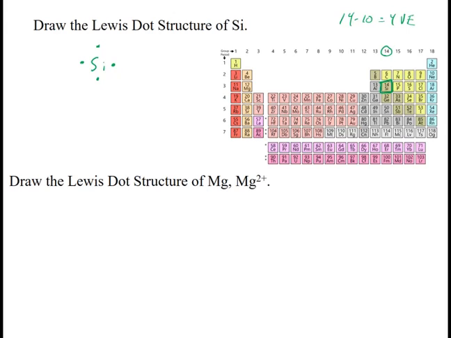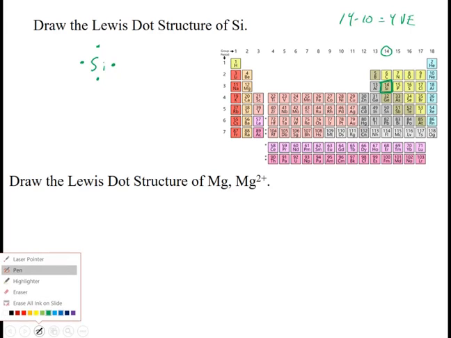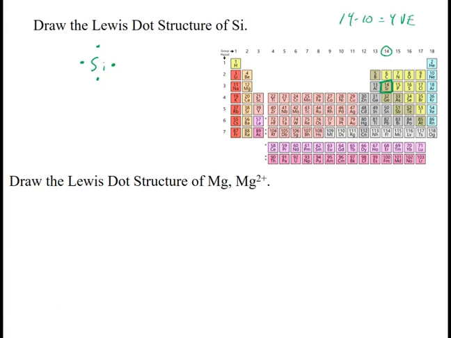I can do it for magnesium and for magnesium 2+. Let me change colors. So magnesium is right here. It's in group 2. So only once I get past 10 do I do the 2 minus this. So I have 2 valence electrons. And so I draw the symbol, and there's multiple answers for this one.